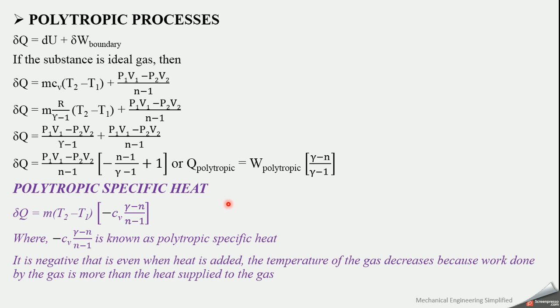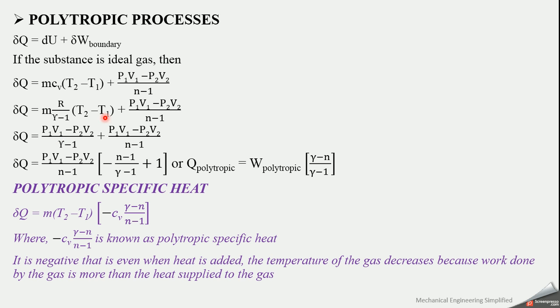And we come across another term that is known as the polytropic specific heat. What is that? See, del Q is equal to m (T2 minus T1), and we come across this term. In this derivation we have changed mR(T2 minus T1) in terms of pressure and volume.